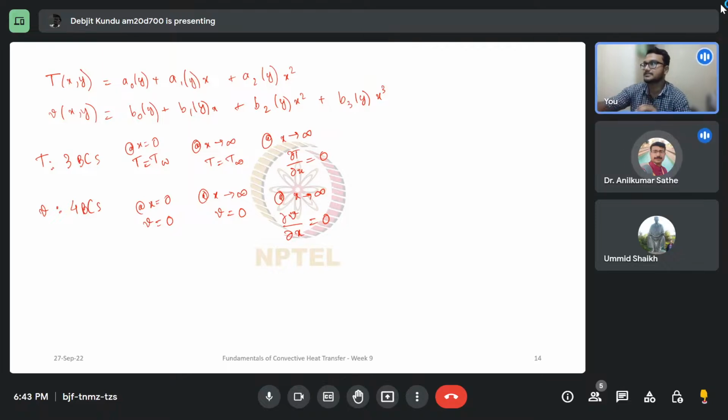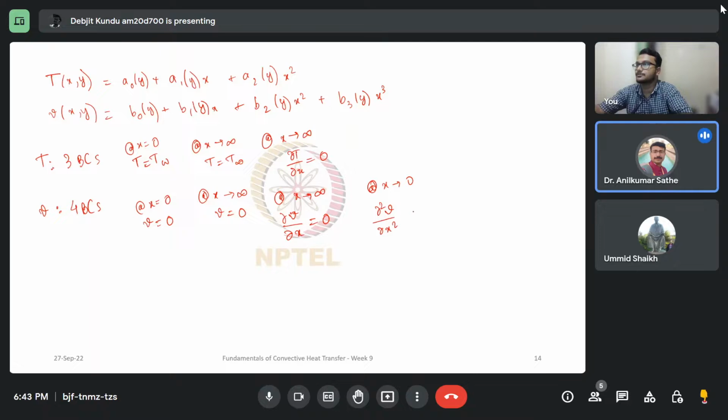Apart from all these, we have another boundary condition as well, which is called a derived boundary condition. That is, at x equal to 0, we know the value of dou 2 v by dou x2 to be equal to minus g beta by nu into the temperature difference.